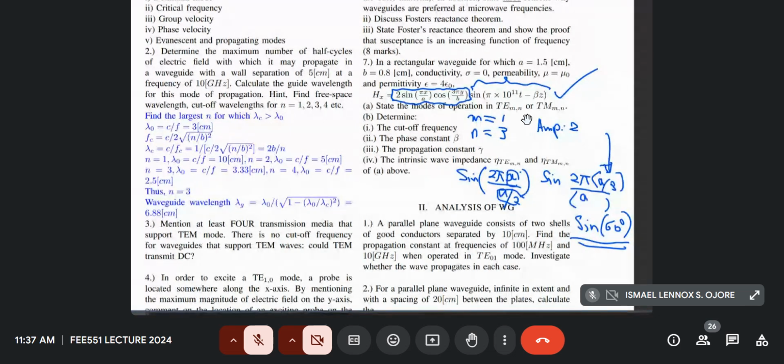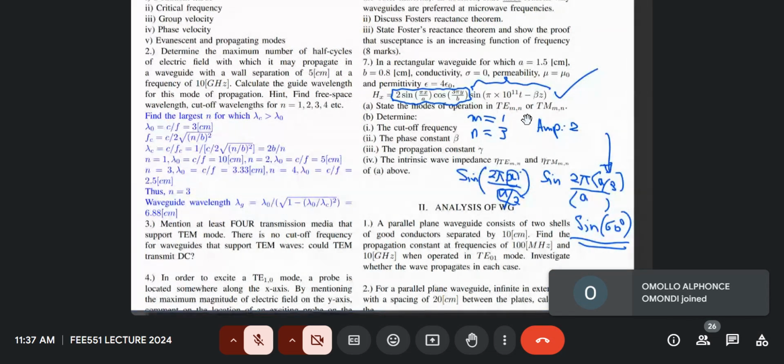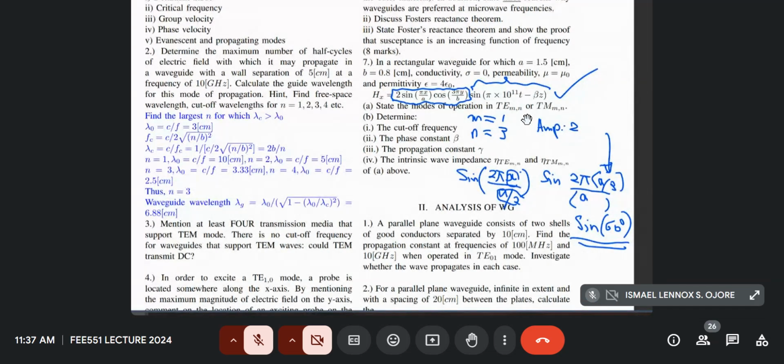If I give you HZ, can you tell whether it is TE or TM? What is the definition for a TM mode and a TE mode? That's how we try to answer that question.